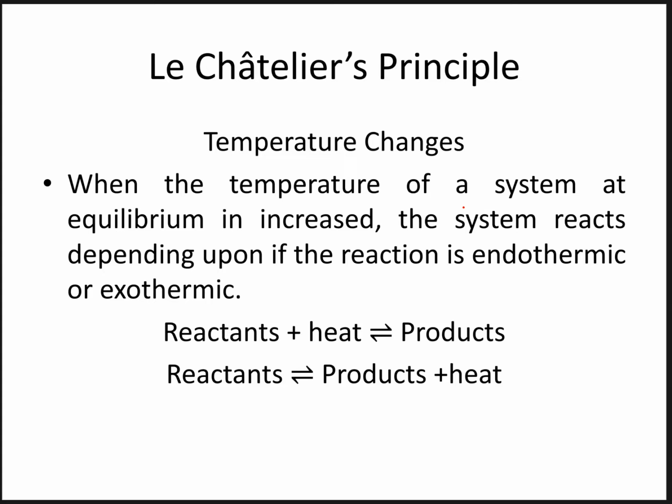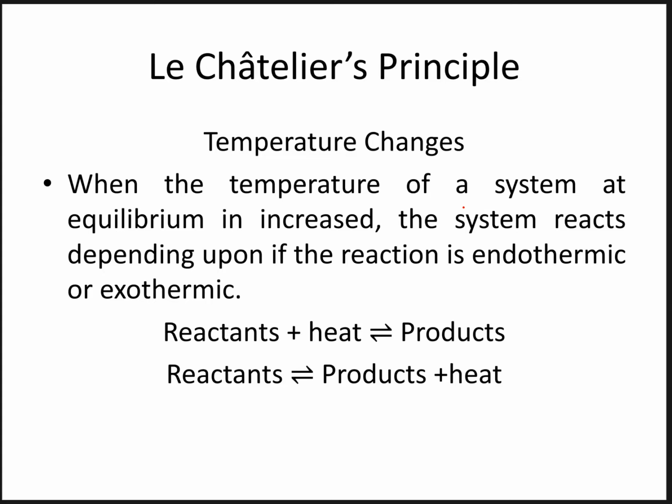Finally, we have temperature change, which is really just heat flow into and out of a reaction. And so we're talking about enthalpy change, so you need to know delta H of a reaction. And if you recall what you know about enthalpy, positive enthalpy values are endothermic reactions, meaning that heat is a reactant.